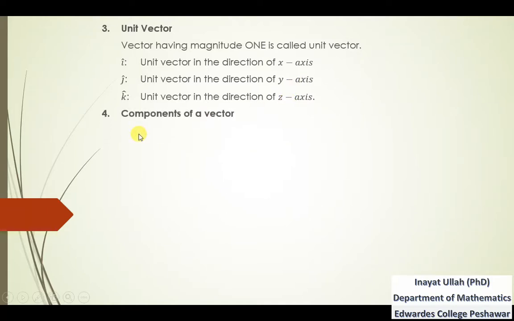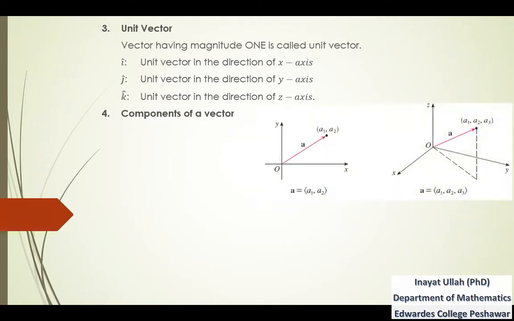The fourth one is the components of a vector. For example, if we see here, that is a 2D vector, because this vector is on the plane, the xy plane.